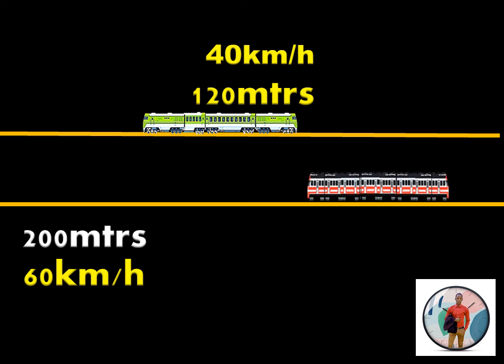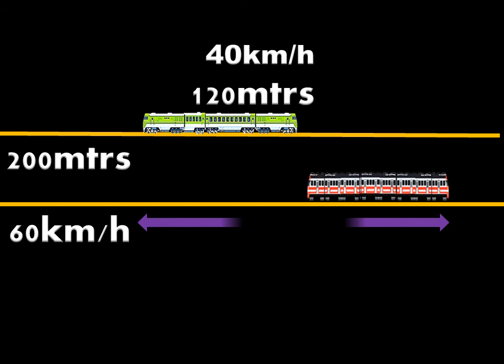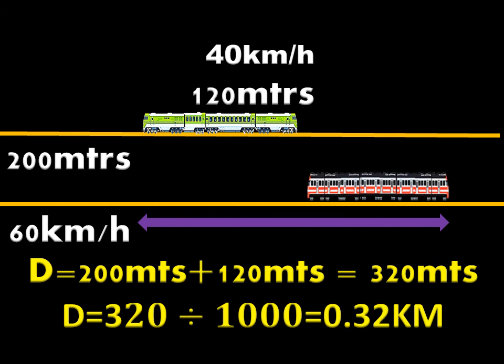So the red train has to cover a distance of 120 meters and also 200 meters. We have seen there the purple arrow indicating the total distance covered by the red train to completely overtake the green train. So we can come down here on the screen.